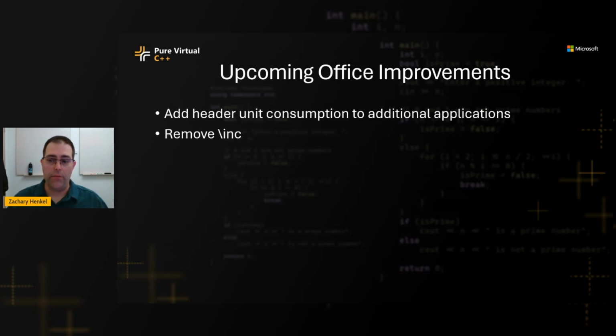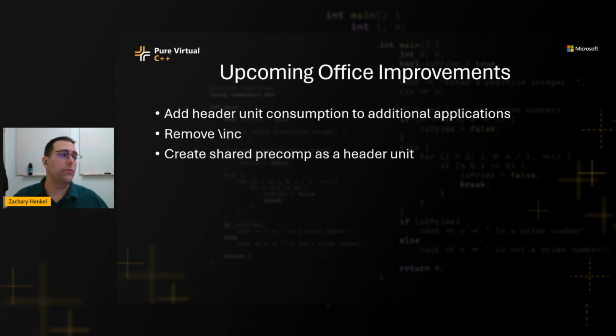Before doing so, we have to remove our equivalent of a root inc folder. It's a collection of headers that don't share a single logical responsibility. Once these headers can find a new home, their component libraries can have a header unit created for them. And then if that's unlocked, we can create the shared precomp that powers so much of our shared code as a header unit. And that inflection point will open the floodgates to making more header units.